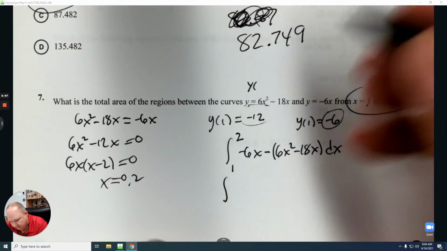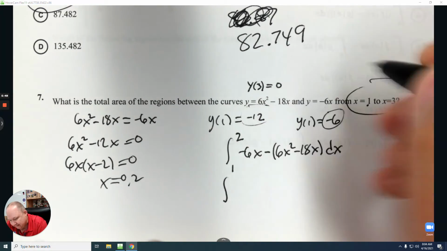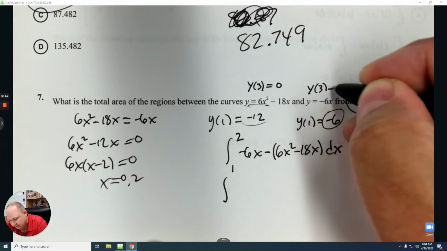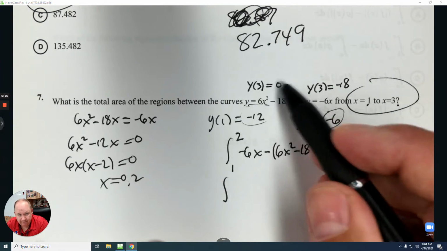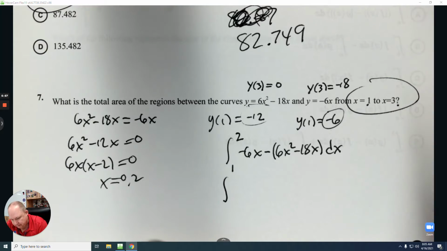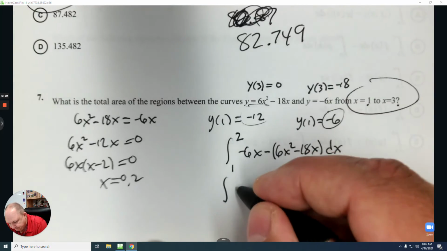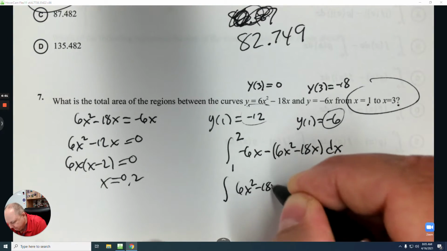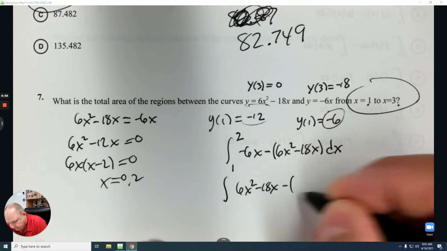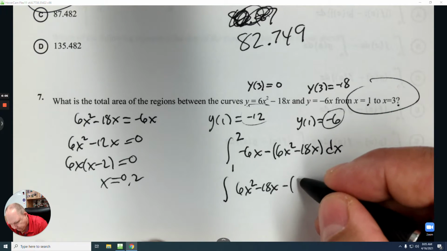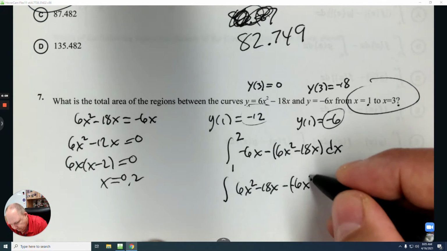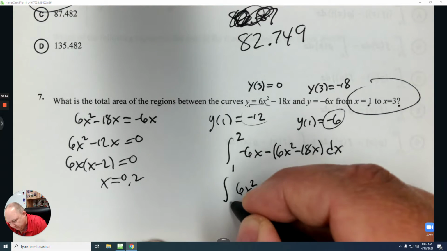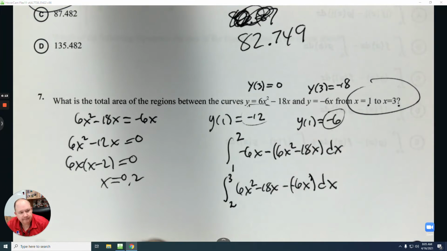The parabola has a higher value than the line. And that's from 2 to 3.